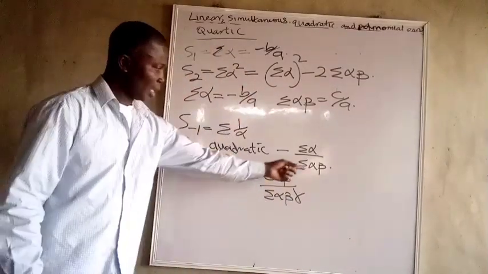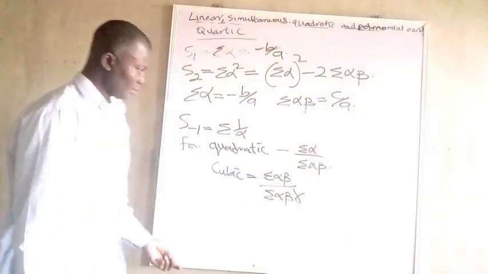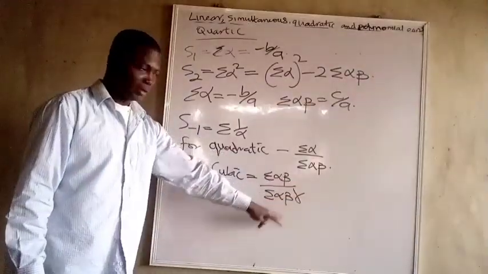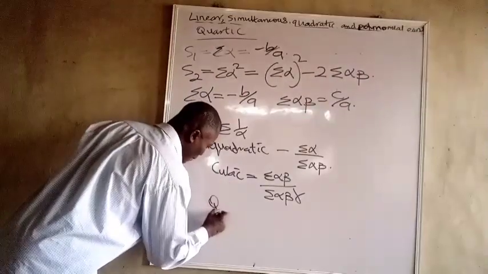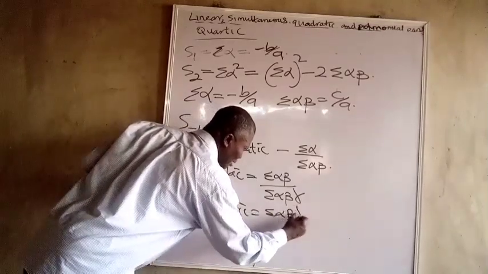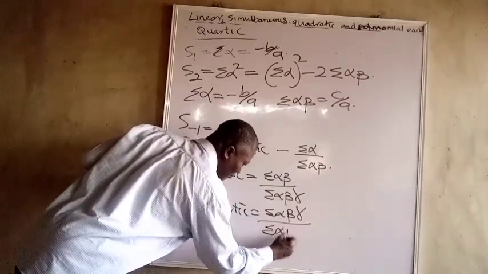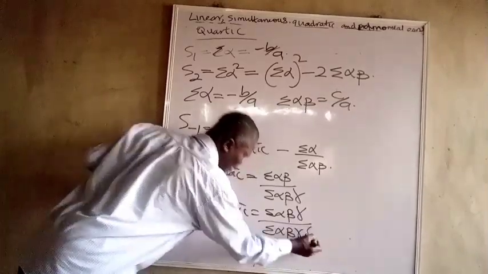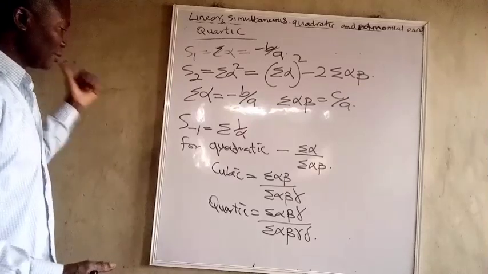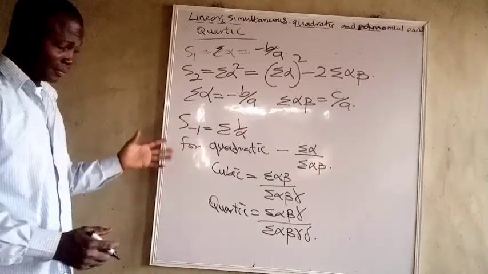You can see just 1, 1. The numerator is lower by one of the roots compared to the denominator. And then quartic, it will be summation alpha beta gamma over summation alpha beta gamma delta. I believe once you have studied the notes, you get this one easily.